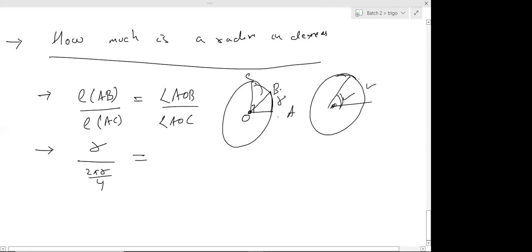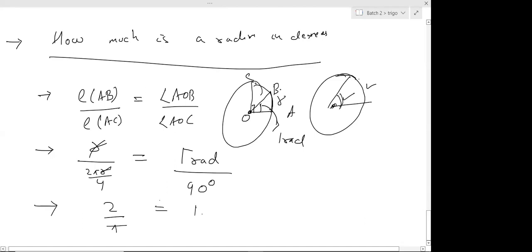This is equal to, this is the definition of 1 radian, upon angle AOC, which is 90 degrees. So this R and R cancel. This 4 goes there. So this is 2 upon pi equals 1 radian upon 90 degrees.